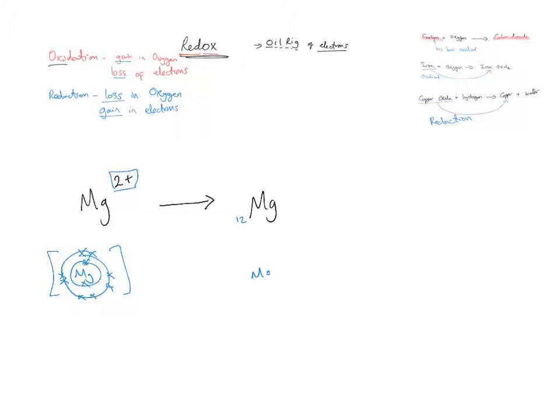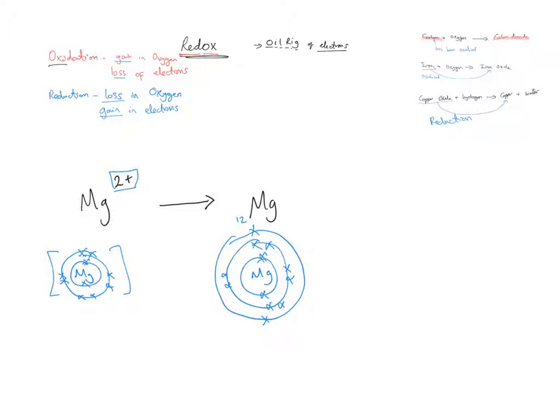So now the magnesium will look like this. It's got no overall charge here. There's 0 charge. If there's no charge, it's saying that the protons and the electrons are equal. So what has happened to make it go from magnesium 2+ to magnesium 0, or normal magnesium?